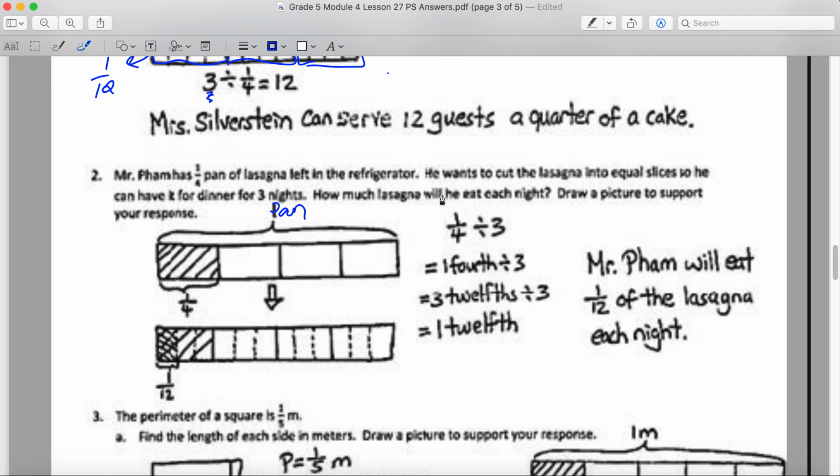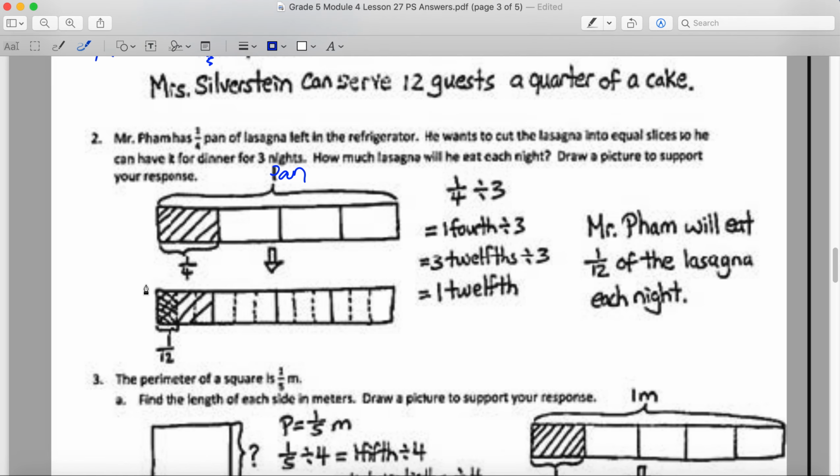He wants to cut the lasagna that's left into equal slices so he can have it for dinner for 3 nights. So this fourth of a pan has to be cut into three slices. Here's a slice, here's a slice. Oh, these are big slices. And here is a slice, okay?